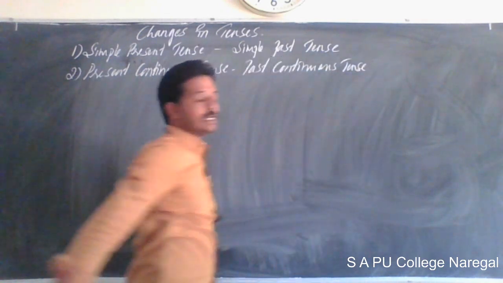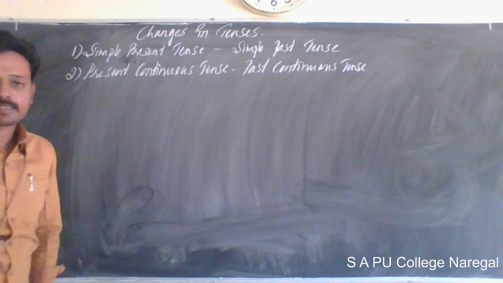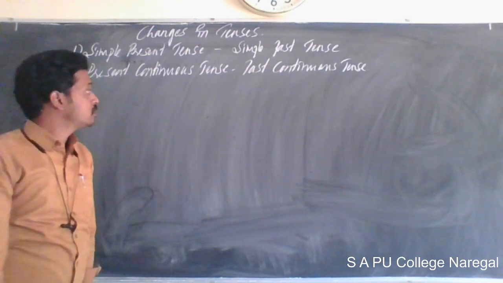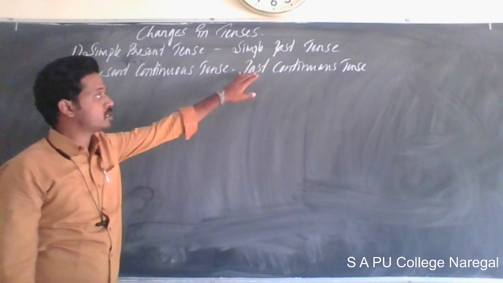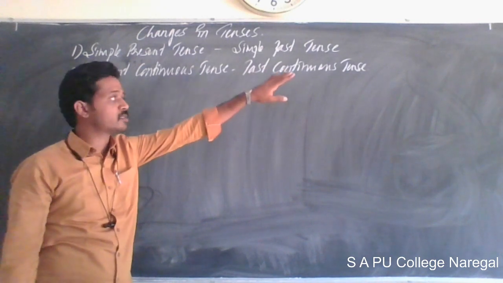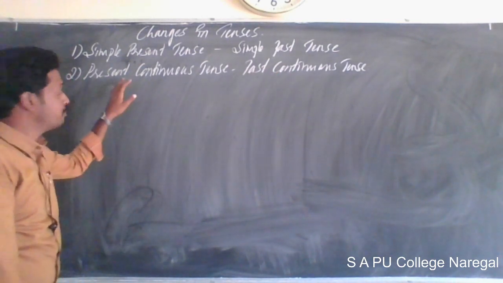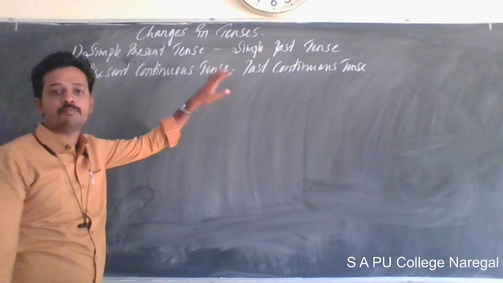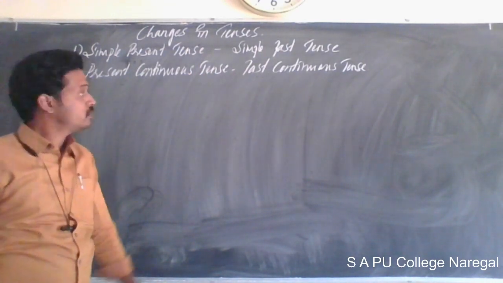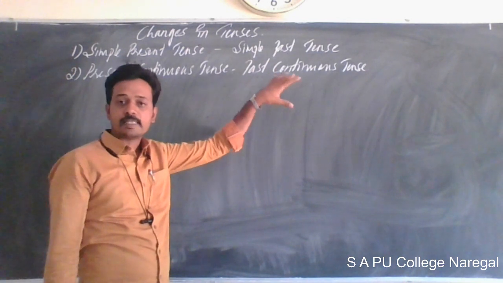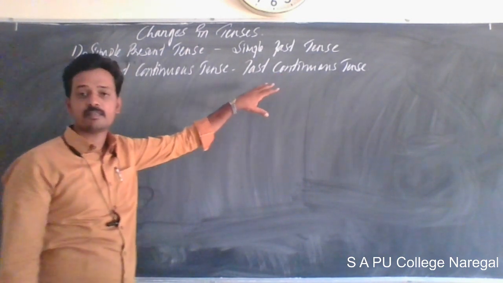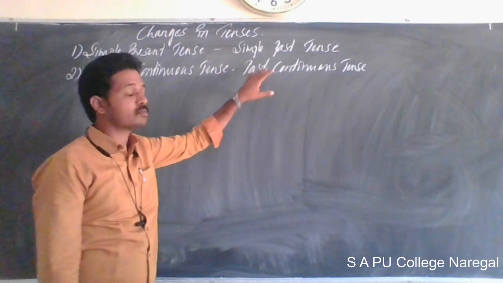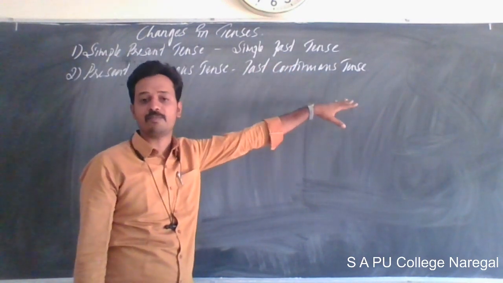If the sentence belongs to present continuous tense, while converting it into indirect speech, we have to convert it into past continuous tense. For example, Pawan said, I am going to my village. So this particular sentence is changed as Pawan said that he was going to his village.